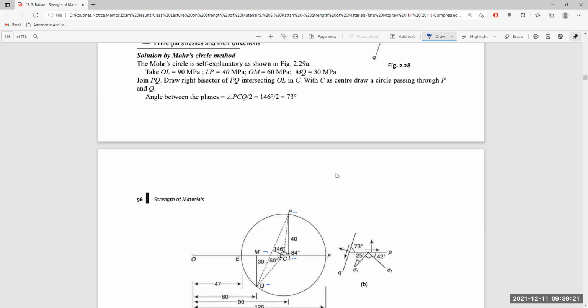Now the angle between the planes is the angle PCQ. That divided by 2, 146 which you can measure, divided by 2 is equal to 73.